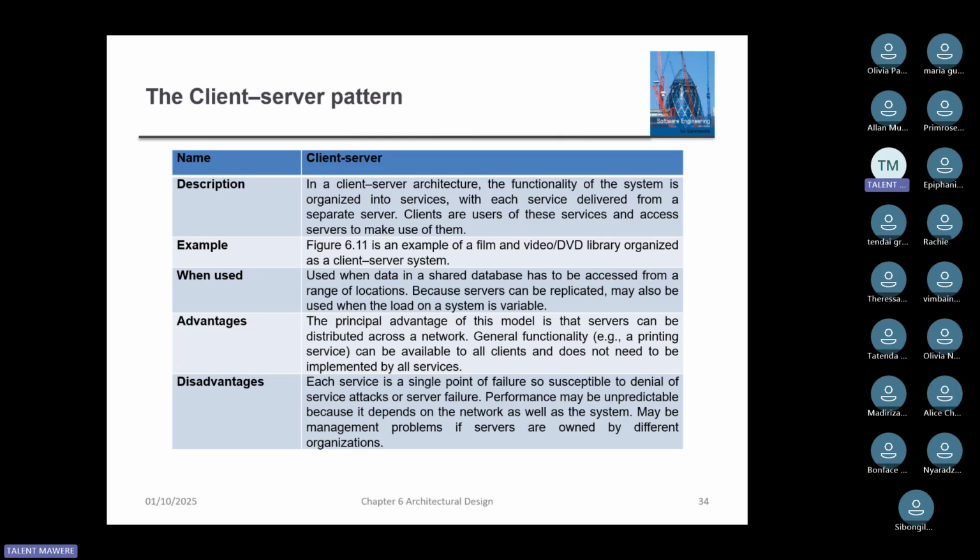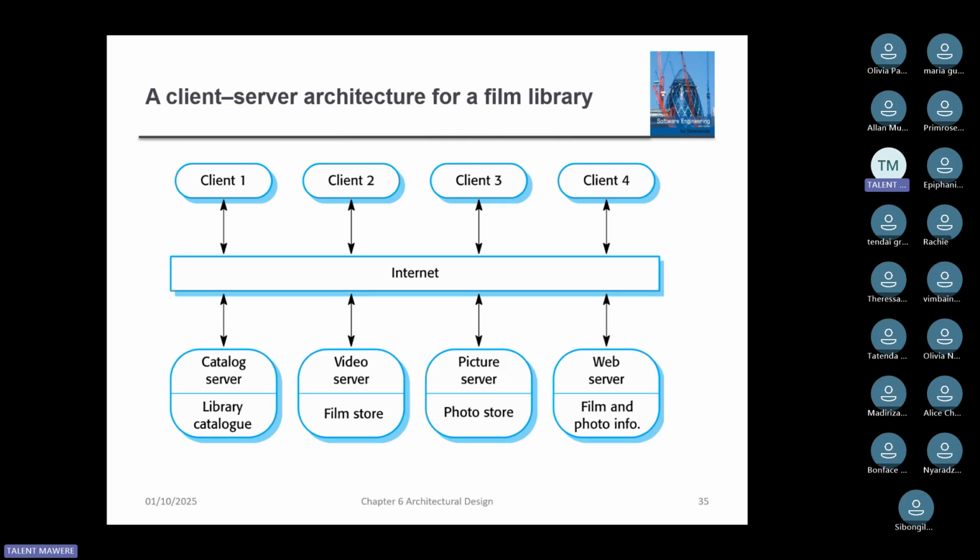General functionality can be available to all clients and does not need to be implemented by all services. The disadvantages are that each service is a single point of failure. So it's susceptible to denial of service attacks or server failure. Performance can be unpredictable in client-server architectures.